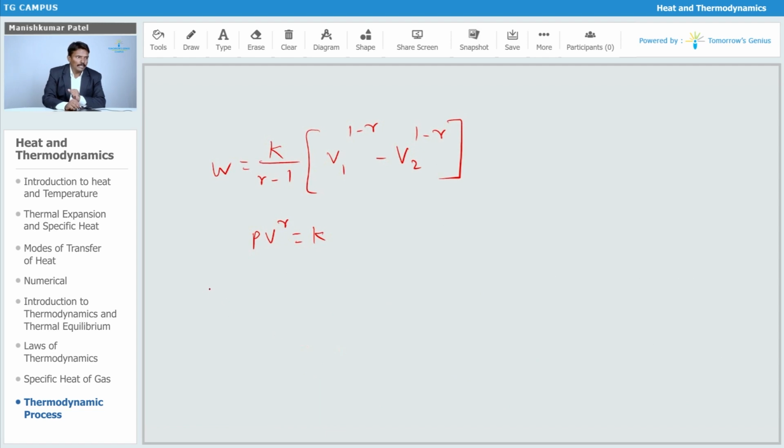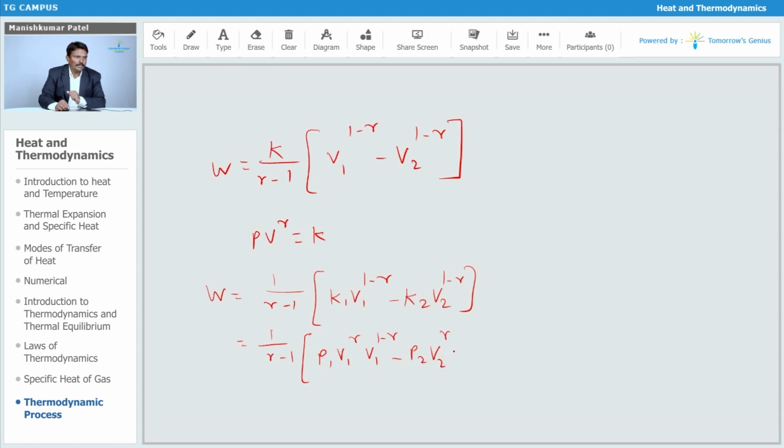The work done, multiplying by 1 upon gamma minus 1, is K1 V1 to the power 1 minus gamma minus K2 V2 to the power 1 minus gamma. K1 is P1 V1 raised to gamma, and K2 is P2 V2 raised to gamma, with V2 raised to 1 minus gamma.